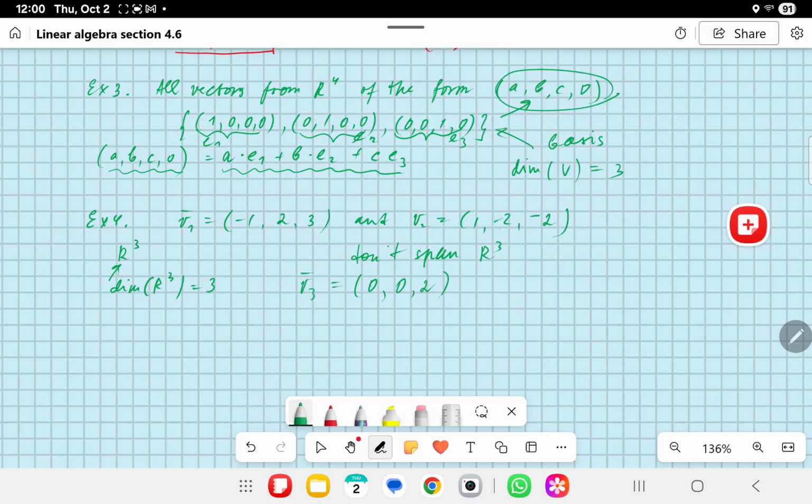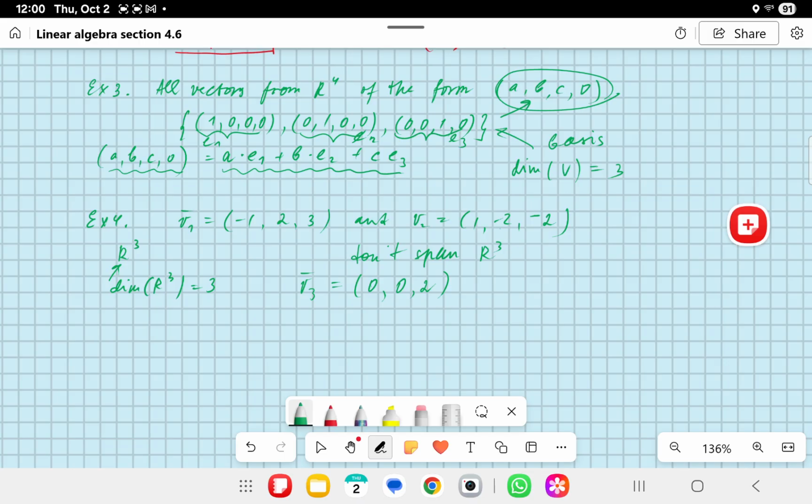You can check at home that v3 is linearly independent with these, and use my trick when you create linearly independent vectors. It's mostly obvious, but again, you can verify it yourself.